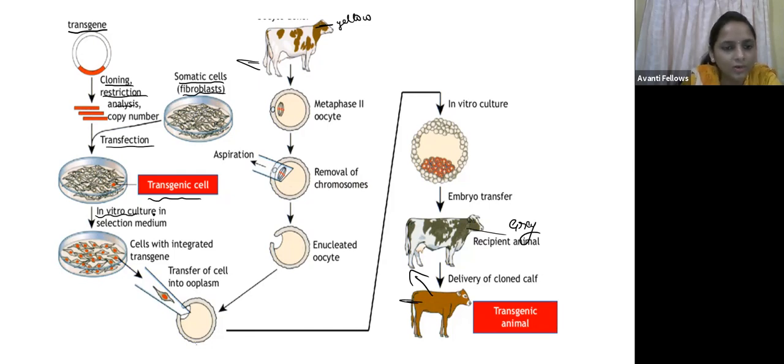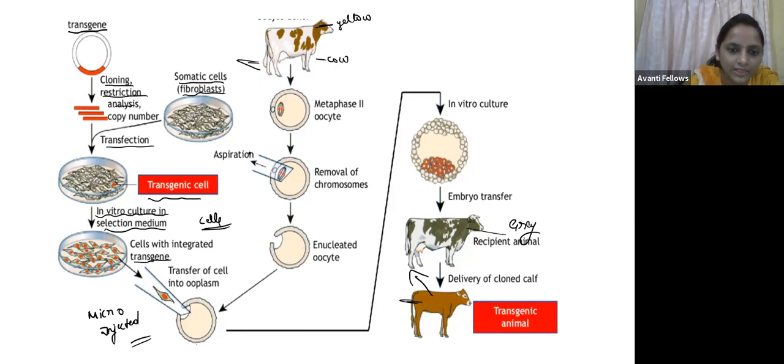In the in vitro culture, in the selection media, the cells with the integrated transgene were taken. Then it was microinjected into the cells taken from this cow. Now these cells were prepared, which have the transgene.